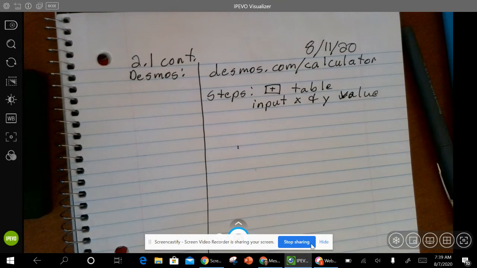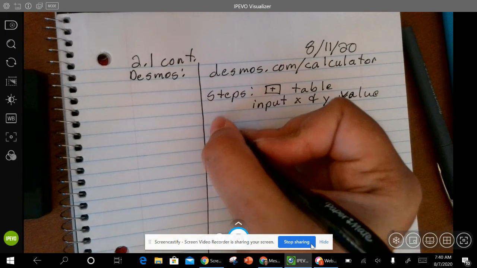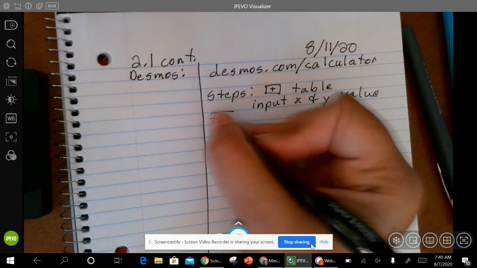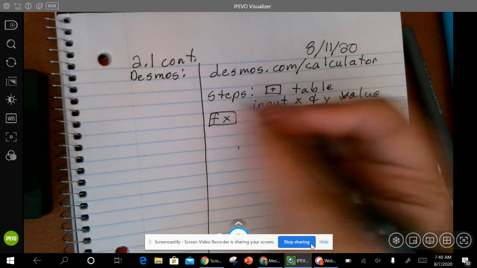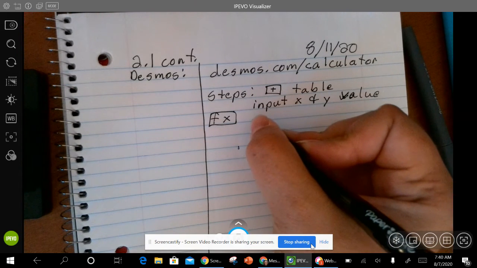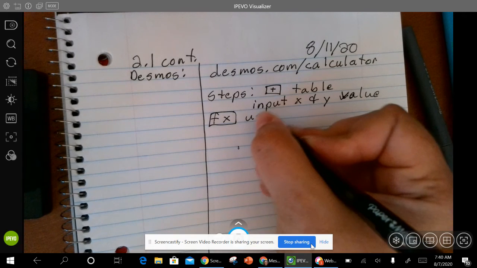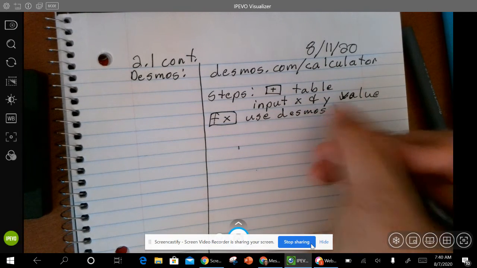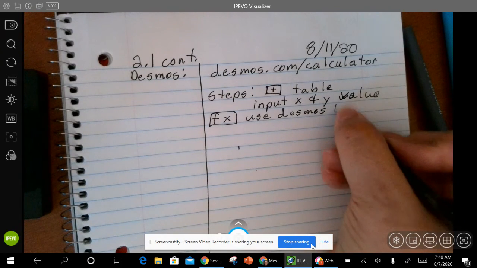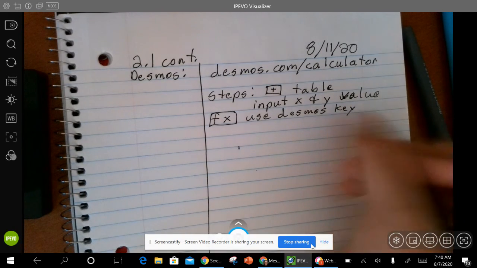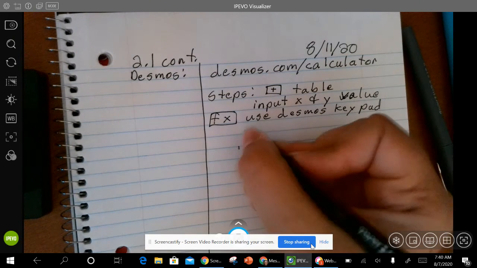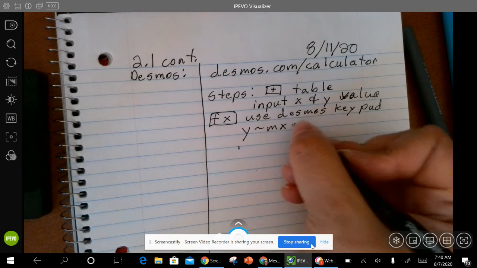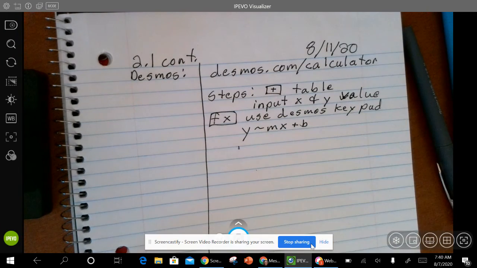Okay, and then you're going to click on the f(x) button, which will be below it. So you click on this, and then you're going to use the Desmos keyboard, everybody. You'll see it at the bottom. I'll show you. And you're going to do y = mx + b, and you want to use that symbol, okay?